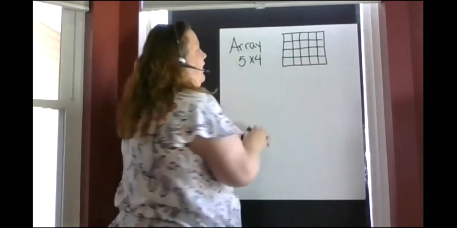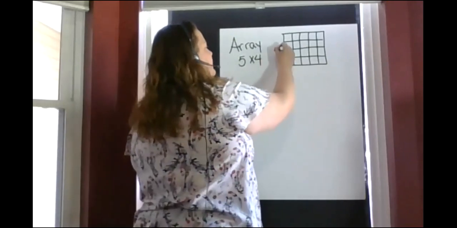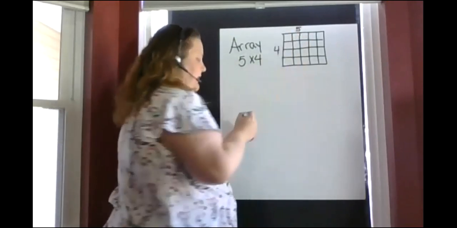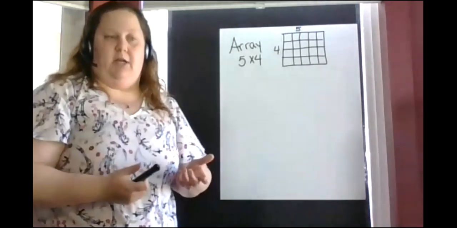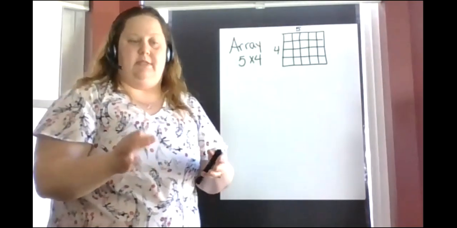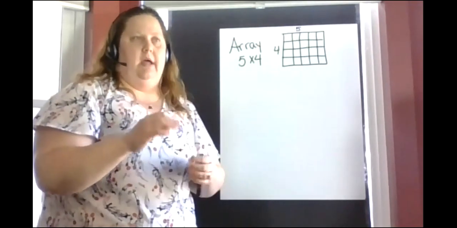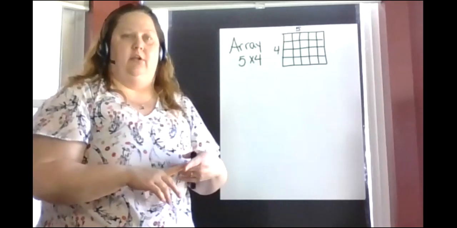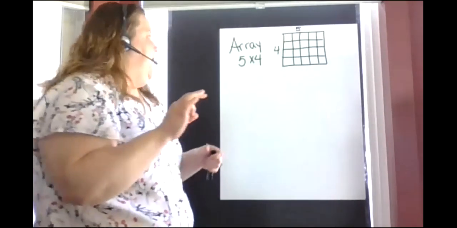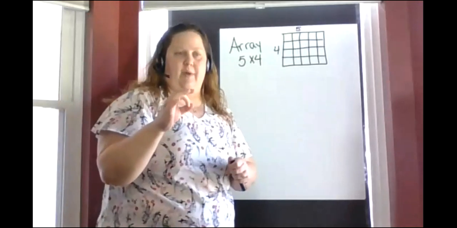So I have 5 columns and 4 rows. So I model this out. And I actually would start modeling this out with square tiles. Most classrooms have those multicolored, the red, blue, yellow, and green inch square tiles. And they use these tiles for a lot of arrays.